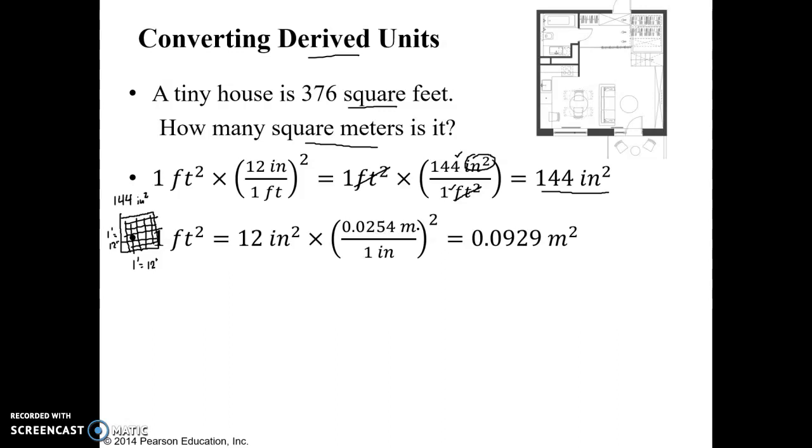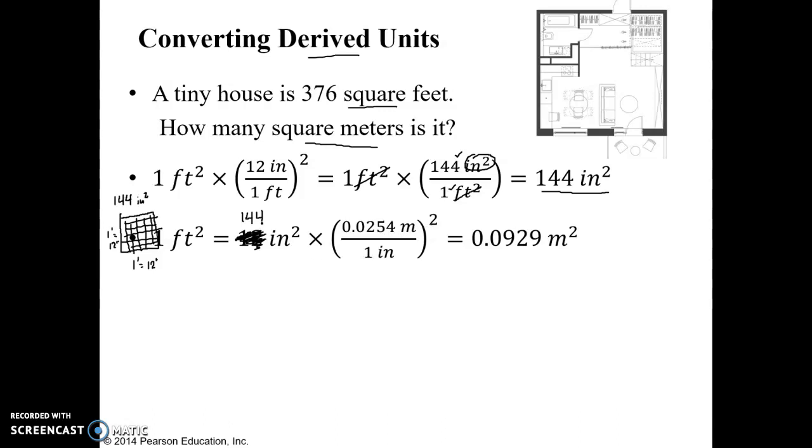And if we square the top, we also square the bottom. And I've realized there's a mistake here in the PowerPoint. That's why I was kind of being a little confused looking at this. This is 144. Okay, the answer comes out right. I just didn't change this right here. So 1 square foot is 144 square inches multiplied by 0.0254 meters squared over 1 squared.